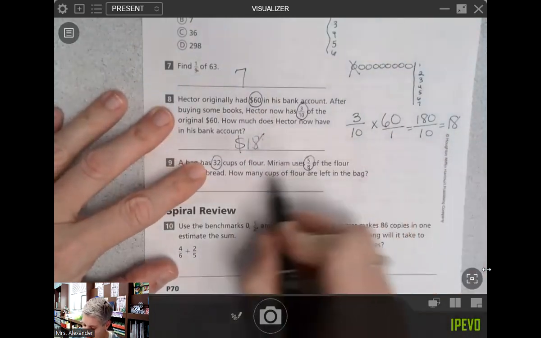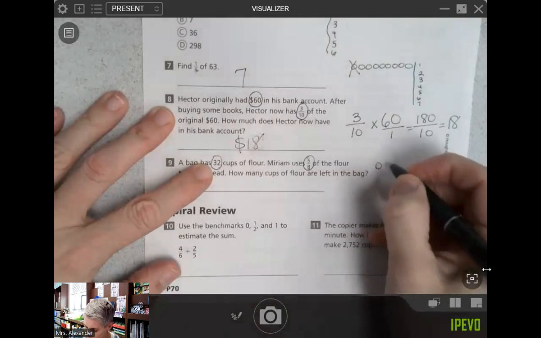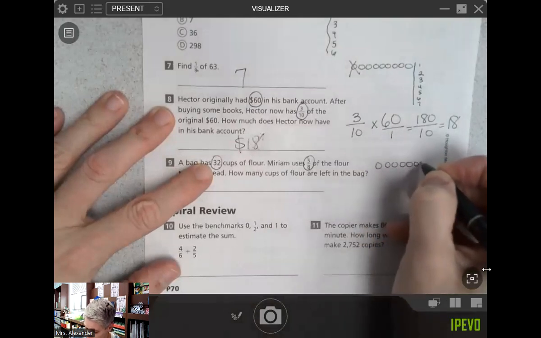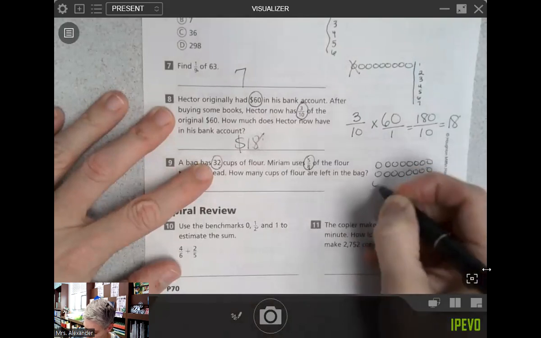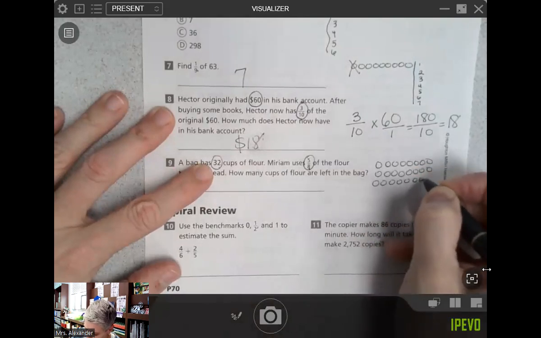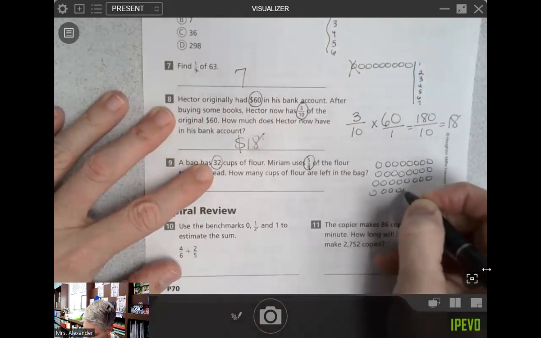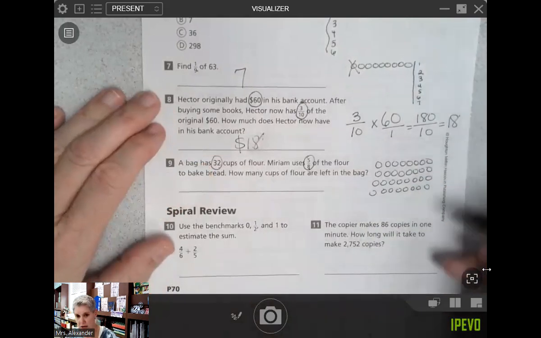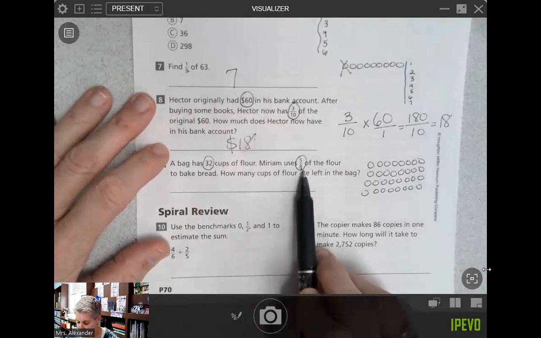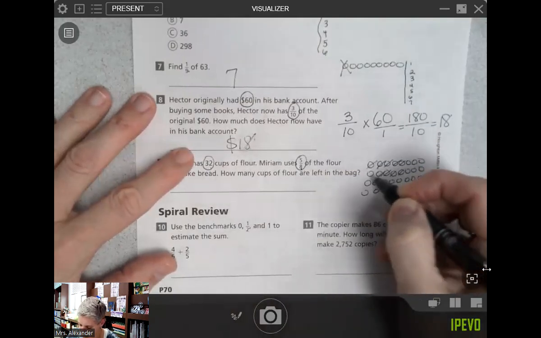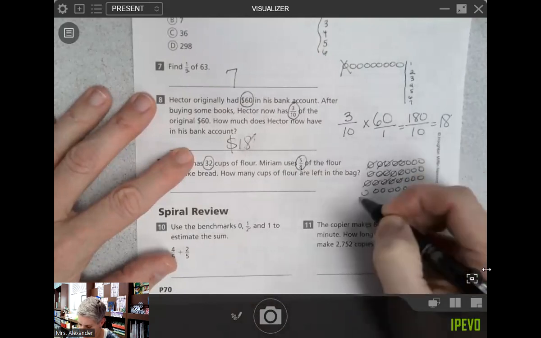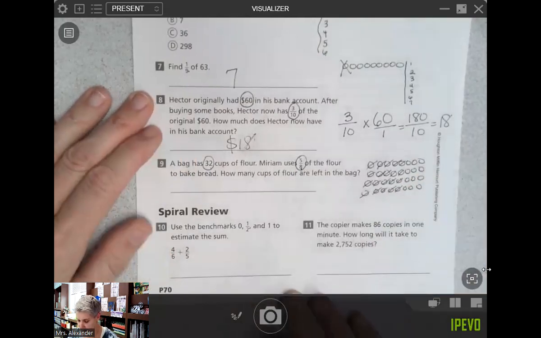There are 8 in each group, and I have 32. 1, 2, 3, 4, 5, 6, 7, 8, 9, 10, 11, 12, 13, 14, 15, 16. I'm going to keep going. 2 more rows of 8. So there would be our model. I have 5 out of every 8. 1, 2, 3, 4, 5. So in each of these rows of 8, if I have 5, there I have it.